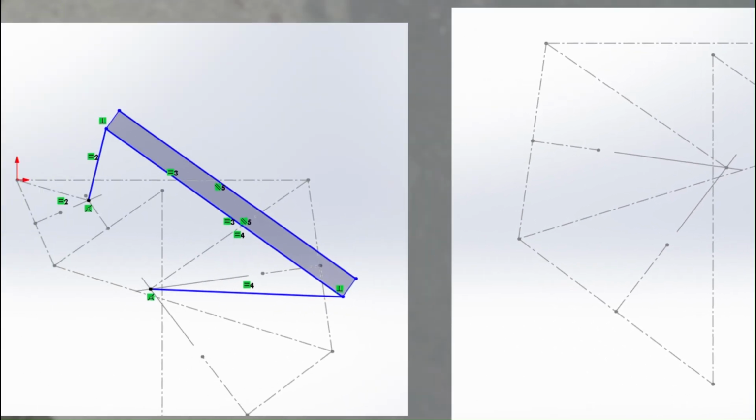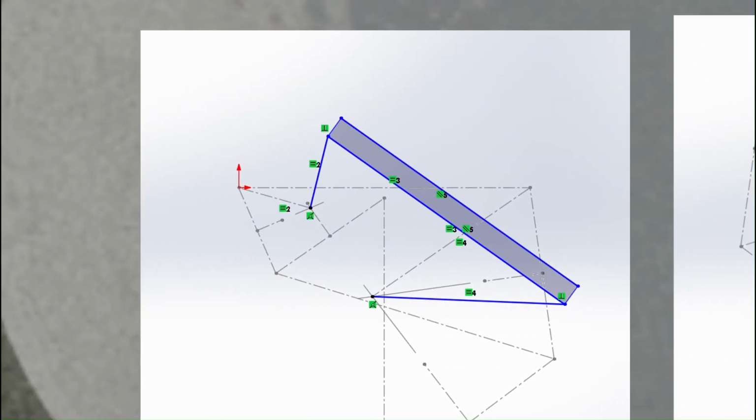We make a perpendicular bisector of A1A2 and A2A3, which meet at O2, and perpendicular bisector of B1B2 and B2B3, which intersect at O4. Those are our grounds, and the coupler, as you can see here, is the final door mechanism.